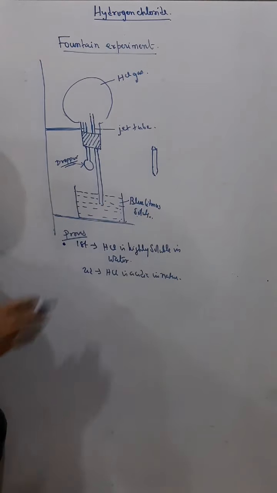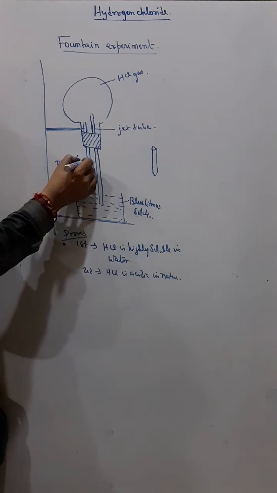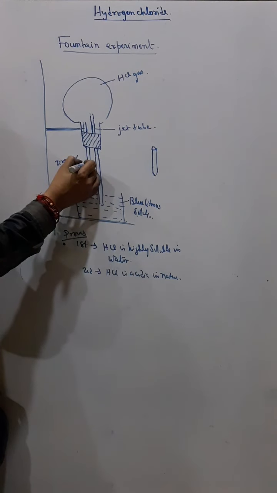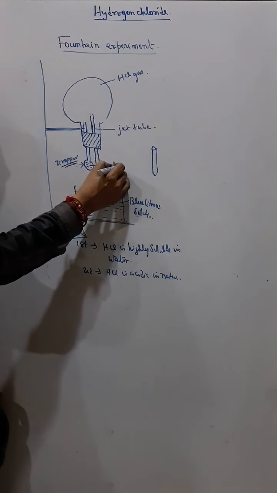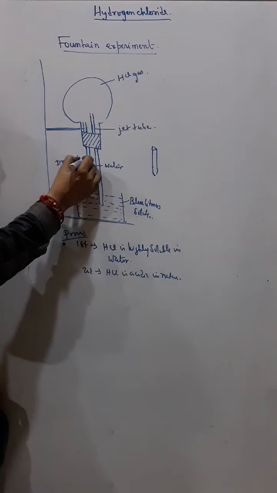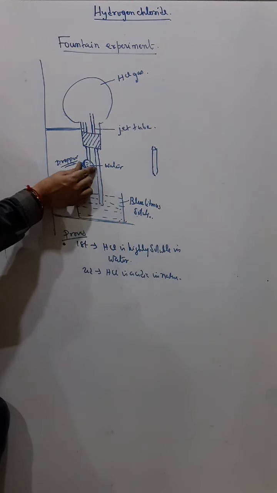In this trough we have taken blue litmus solution. And the dropper should contain a little bit of water in its bulb. This is the water present inside the dropper, just a little bit. Now to start the fountain experiment, initially we'll press this dropper.